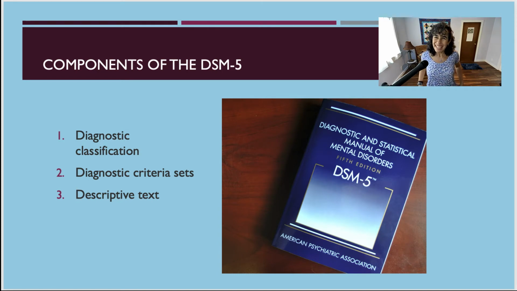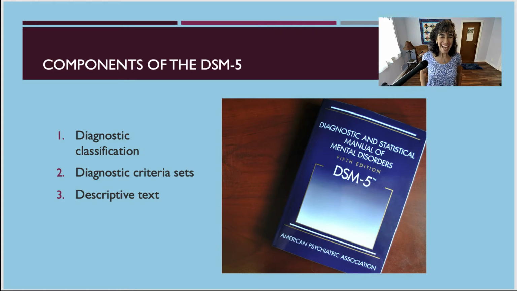So it's interesting because you think, well, there's just the diagnoses there are, right? But our way of describing them and our knowledge about them changes over time. And so the DSM reflects that. Okay. I love the DSM. Can you tell?